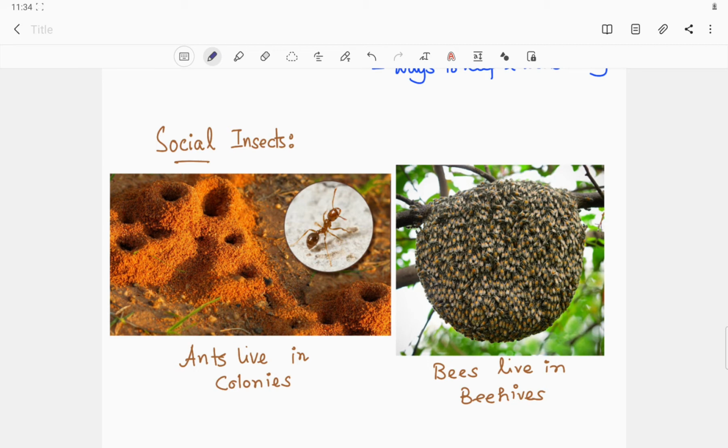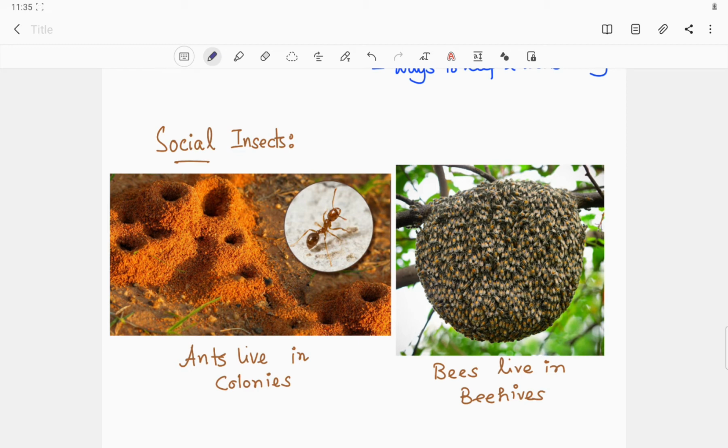The purpose of living together in their colonies is to get protection from enemies and share food, work and shelter. So bees and ants are the social insects. They live in large, well organized colonies, right?